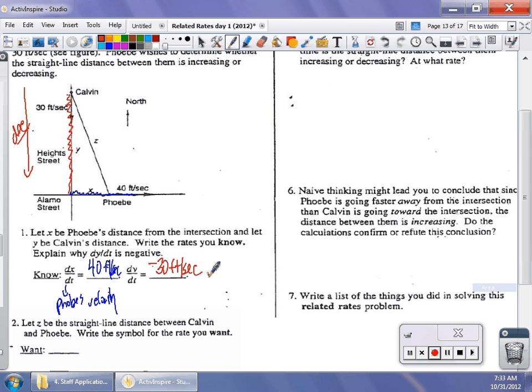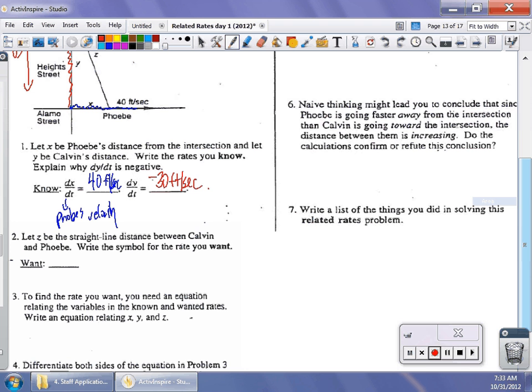So that is dy/dt. That's Calvin's velocity. And since x represents Phoebe's distance, change in position over change in time is the velocity, and since y represents Calvin's distance, dy/dt represents Calvin's velocity.